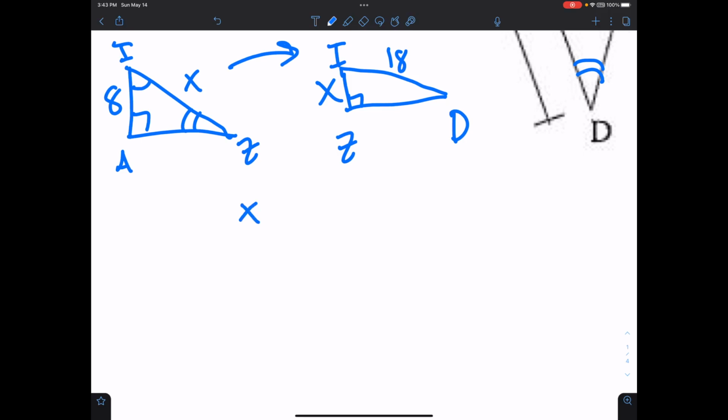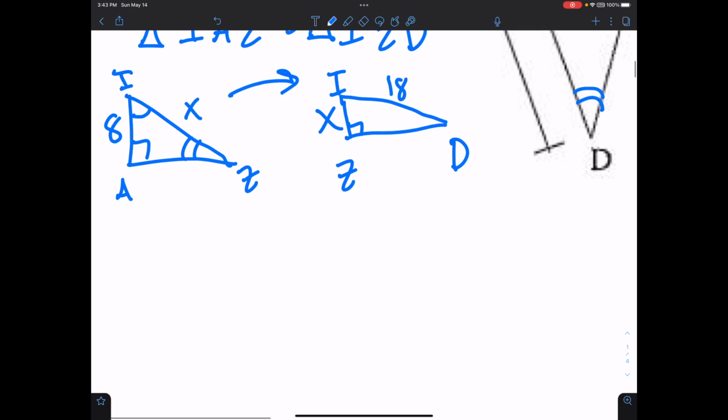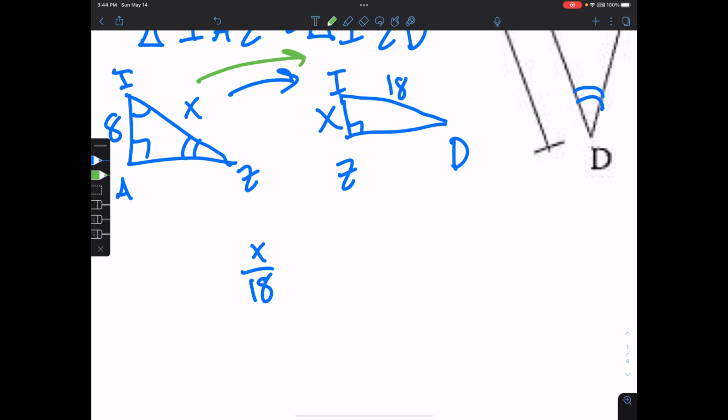X, you can either do X over 18, which is the scale factor between this to this, well, sorry, this to this, right? And so I'm just going to use that is equal to this side to this side, right? So 8 over x.